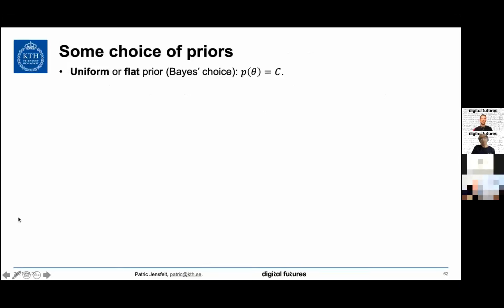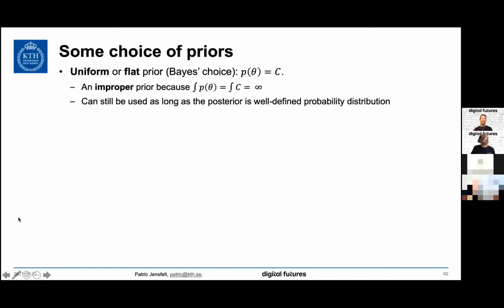And this is actually an improper prior because if you integrate over all the possible parameter values, you might get an infinite number. But we can still use this because all we have to make sure in the end is that we have a posterior distribution which is well behaved.